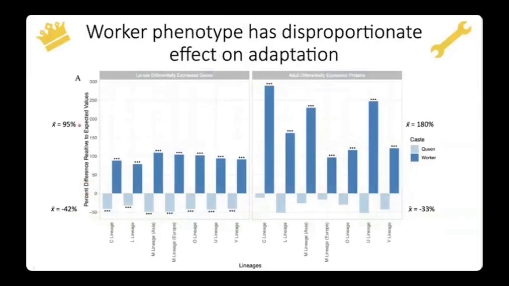On average, there was a 95% increase of genes under selection relative to expected values among developing larvae, while we found a 180% increase of genes under selection relative to expected values among adults. So relative to the queen caste, which is highlighted in this light blue color, we actually observed an underrepresentation of genes under selection, equating to a decrease of 42% among developing larvae and a 33% decrease among adults.